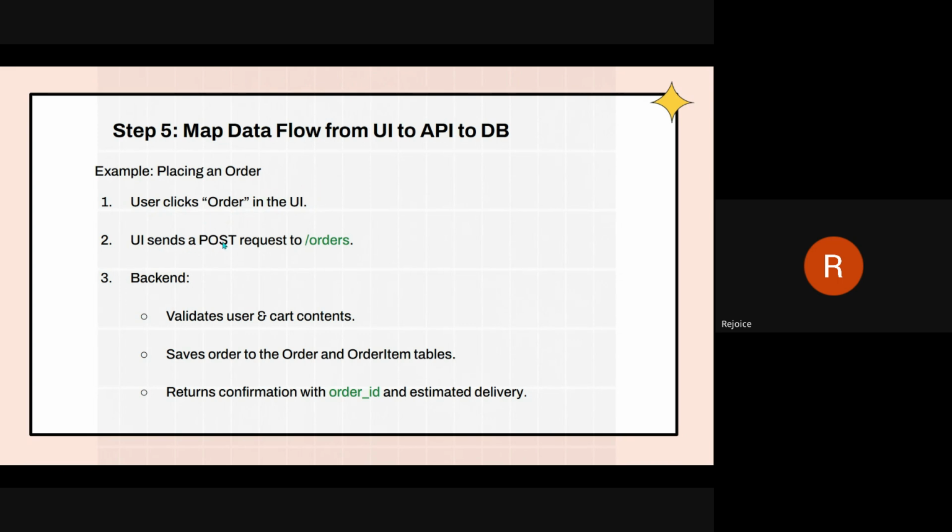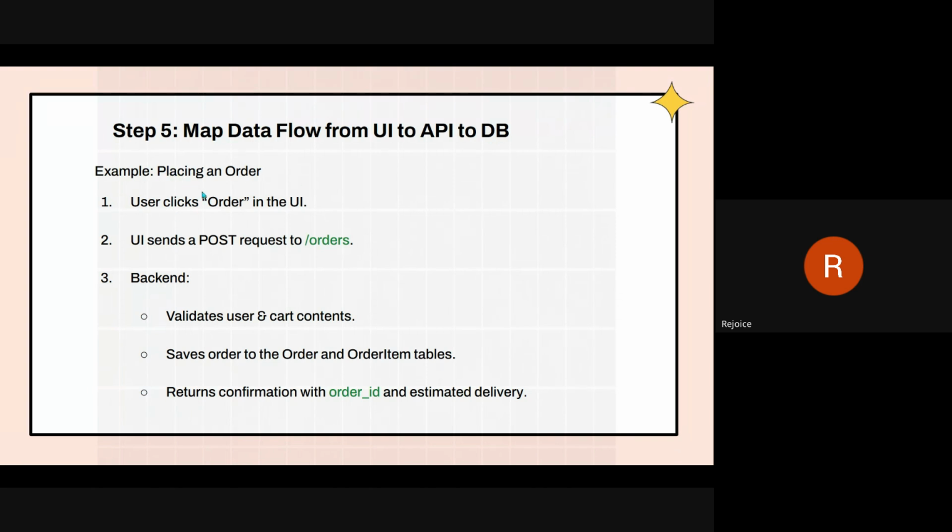Then the UI sends a post request, which contains the API call with the endpoints, the endpoint being the position where it is on the database. It will also have its request URL that carries the request, which is the client clicking on order. So it takes it to orders, which is the order table on the database.